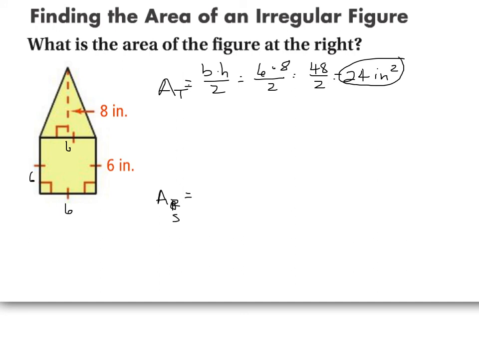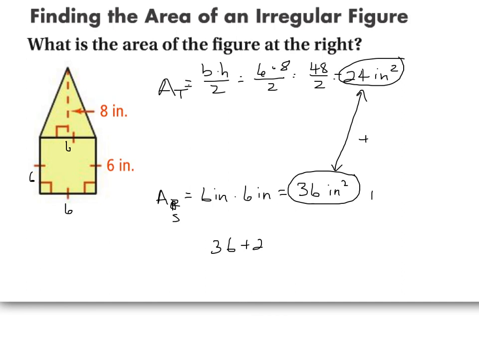Area of the square is 6 inches times 6 inches, which is base times height, which is 36 inches squared. So now, in order to find the area of the whole thing, I take these 2 and I add them together. So 36 and 24 is equal to 60 inches squared. So the area of that whole figure is 60 inches squared.